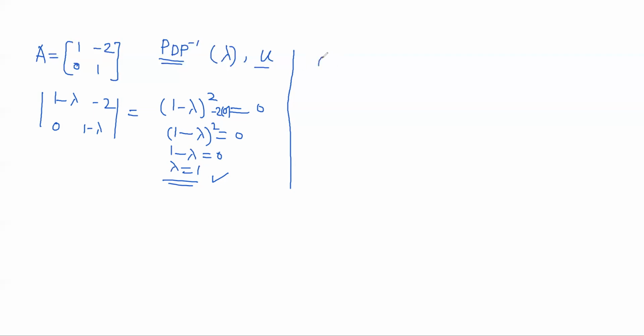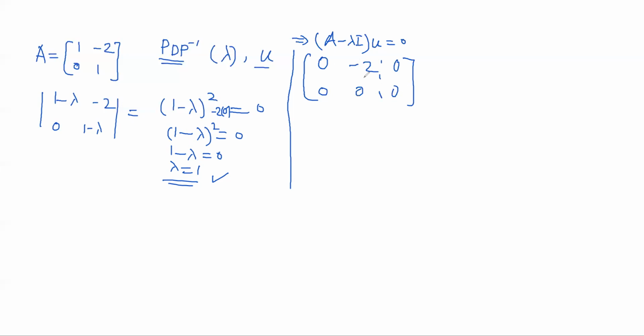So 1 minus 1 will be 0, then -2 and 0, and then 1 minus 1 will be 0. So we will have this type of augmented matrix for the condition (A minus lambda I) u is equal to 0, which is used for finding the eigenvectors. Now in this matrix, the last row is 0, 0, 0.